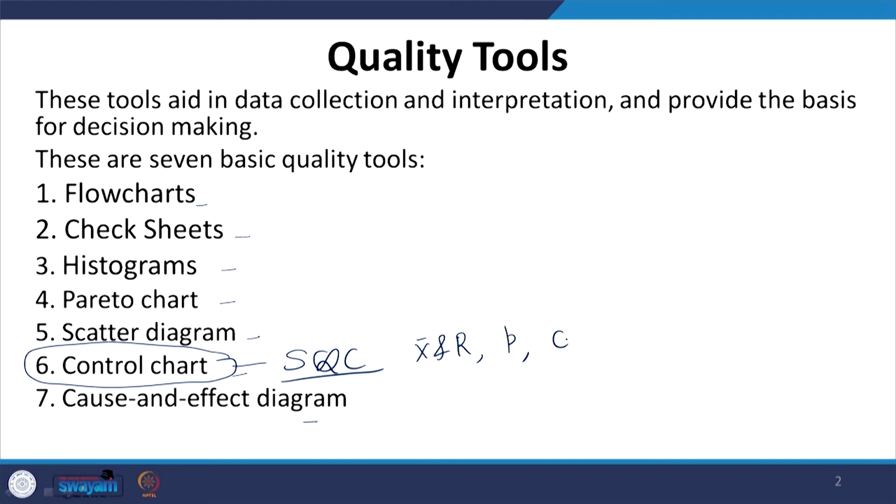So, control charts are also a type of quality control tool, but there are some other QC tools also which are very effective, and not only in a manufacturing setup, but in any kind of setup we can use these tools. Sometimes unknowingly we may be using these tools, but if you know the scientific method of using them, how they can help you in proper data collection and then the interpretation of that data, it will help you tremendously to improve the quality of your organization. So, now let us discuss them one by one.